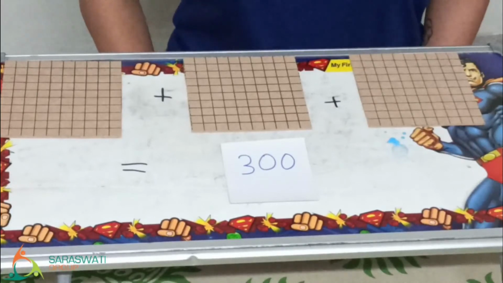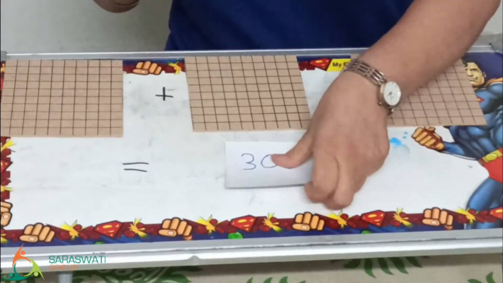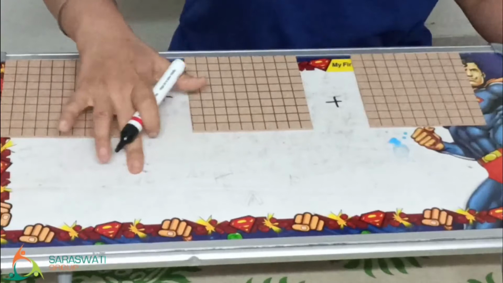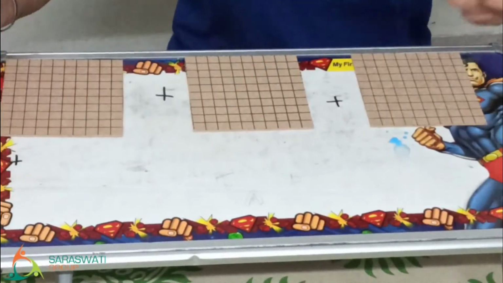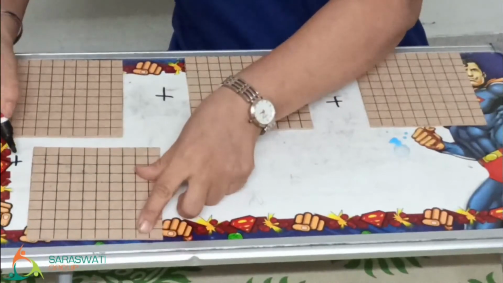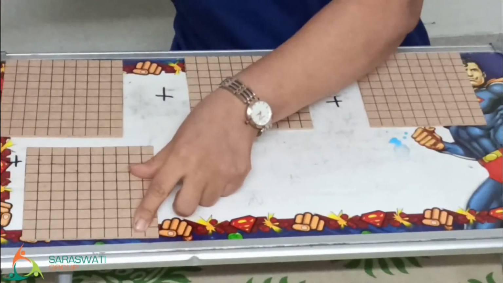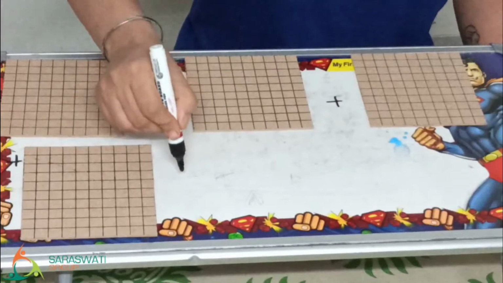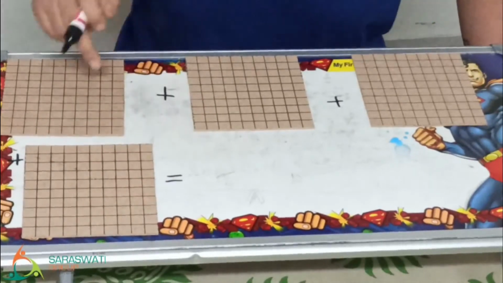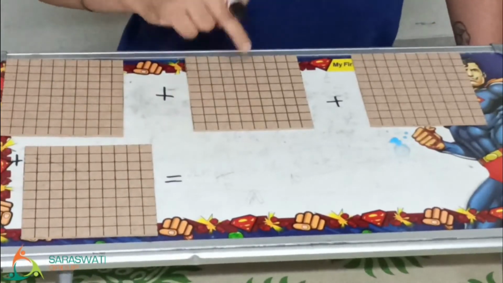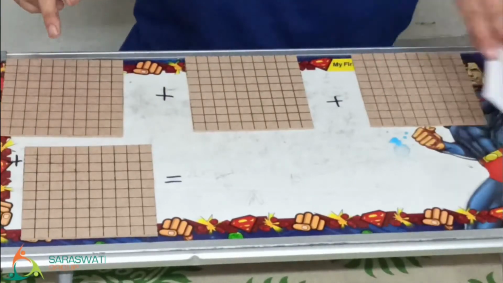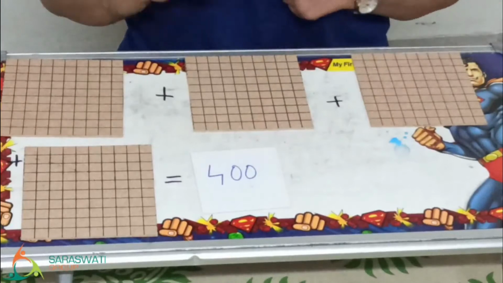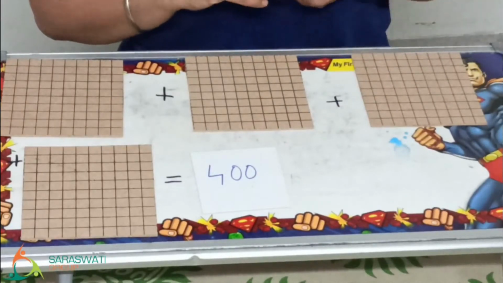Now again if I add one more grid to it, I'm putting the sign of addition over here. One more grid gives 100, 200, 300 and 400. So it is equal to 400.